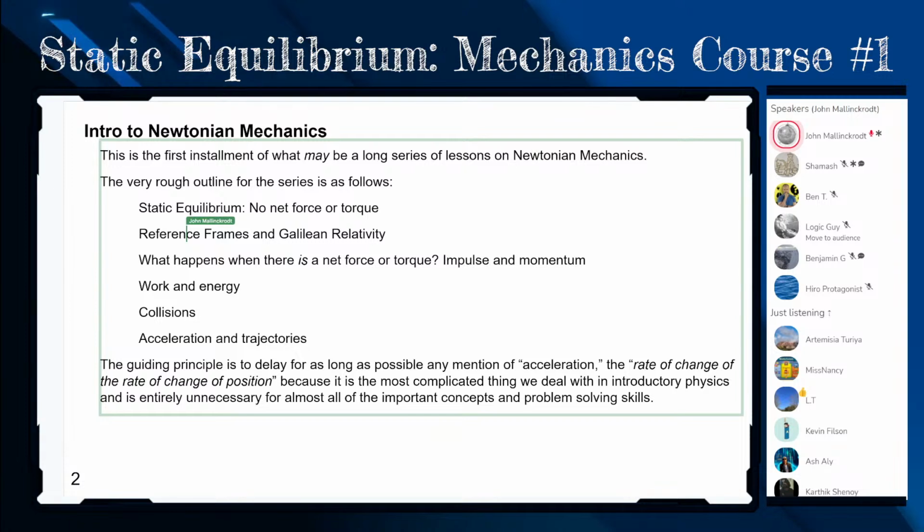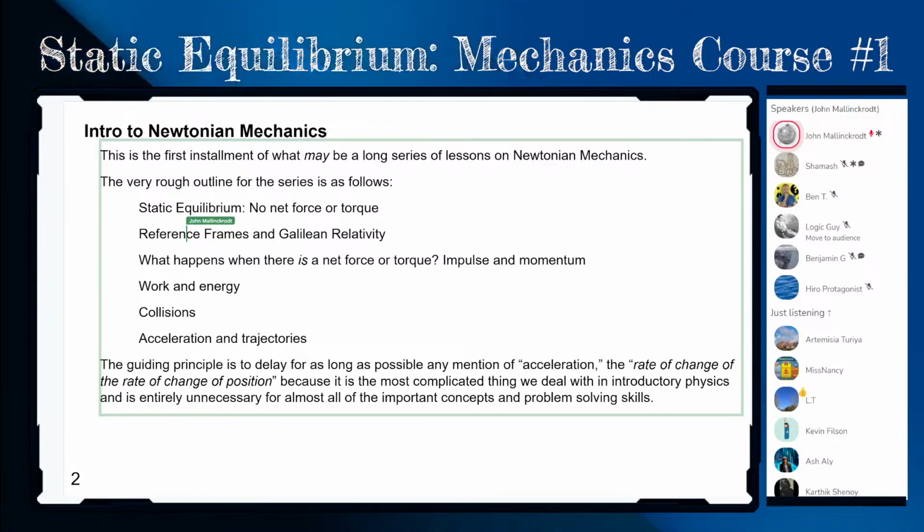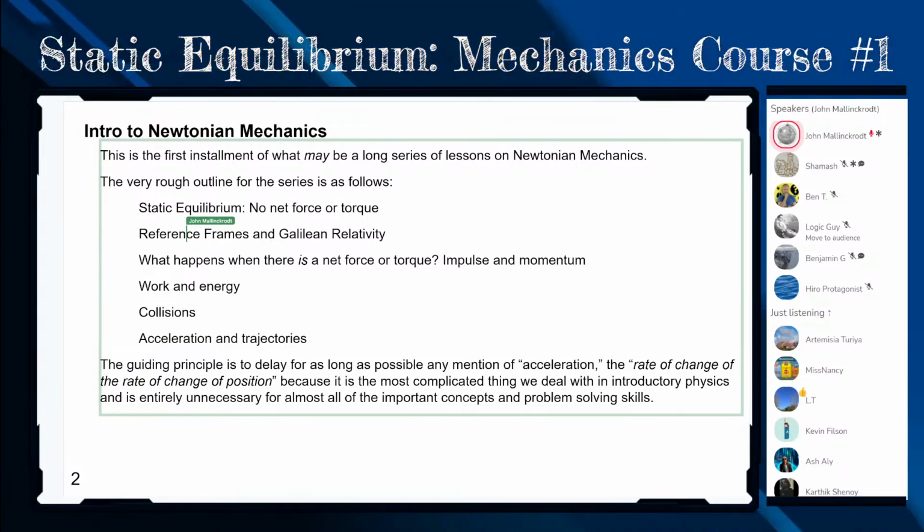Up to this point, we won't have talked about the trajectories of particles at all. I won't have said anything about parabolic motion of rocks when you throw them, even though I just said that. We'll talk about acceleration only at the very end. And the reason for that is because acceleration, which is the rate of change of the rate of change of the position of a particle, is a complicated concept.